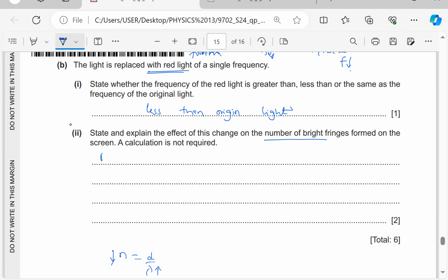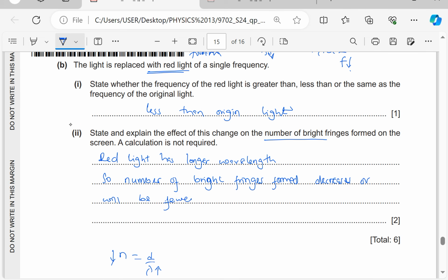So I will simply say red light has a longer wavelength, so the number of bright fringes formed decreases, or we would say will be fewer.